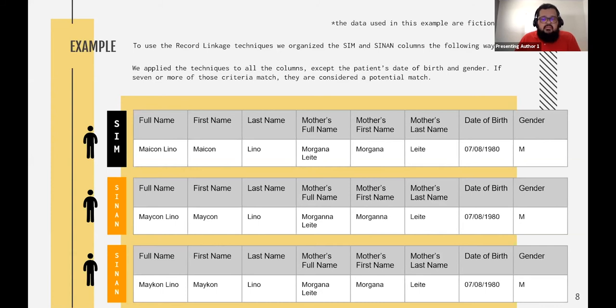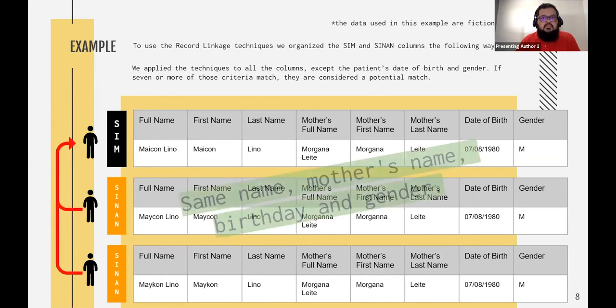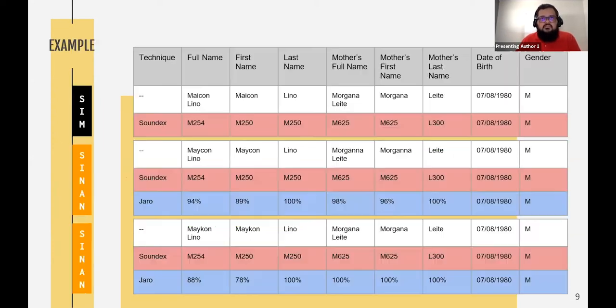When this person returns to treatment, a new registration is performed in this system without any link to the previous registration. The record linkage techniques indicated these records as being a single unit of real life, so they unify the record. In these cases, it is the same person: same name, mother's name, birth date, and gender.